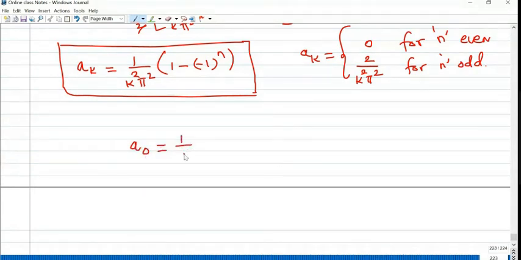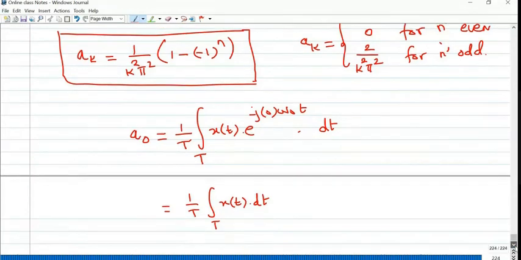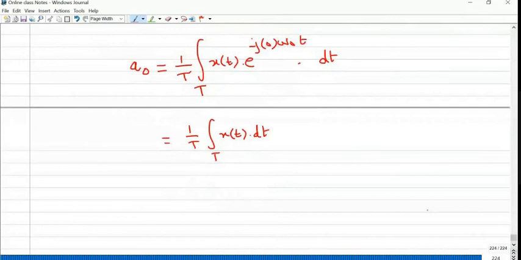What is a naught? In the formula, 1 by T integration over the period of x of t e power minus j k omega t dt, substitute k equal to 0. This is similar to 1 by T integration over the period of x of t dt. Please remember that in exponential Fourier series, whenever you are plotting the magnitude and phase response, you find a naught separately.